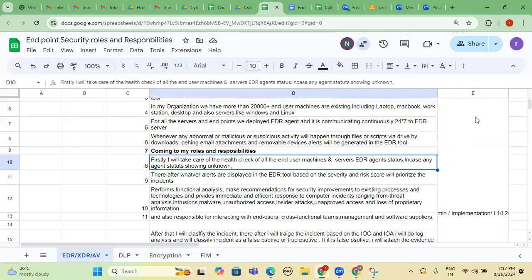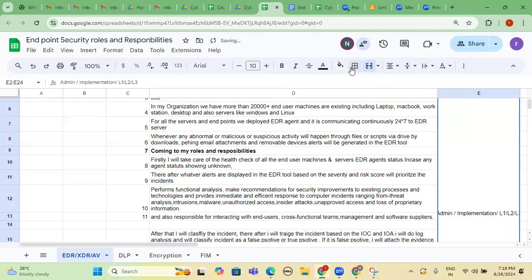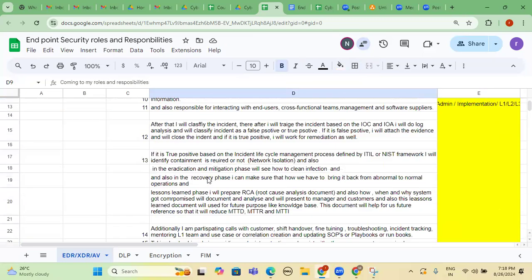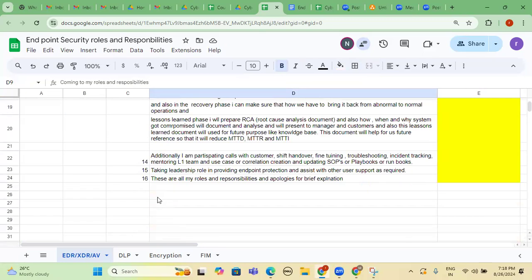And one more thing, how long does this stay in this EDR environment? If I have an incident today, that depends on whatever SLAs are defined. Whatever retention policy we make, whether you want to keep incidents or alerts for 1 month, 2 months, or 3 months.